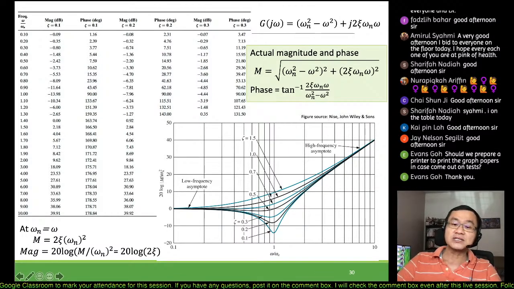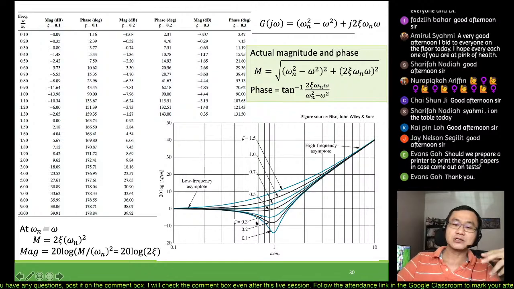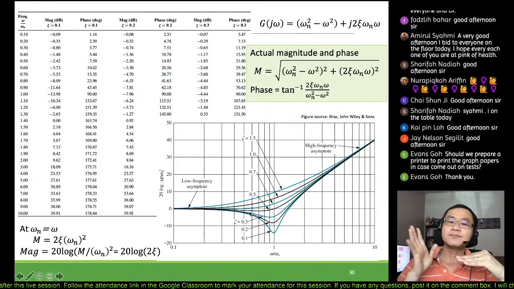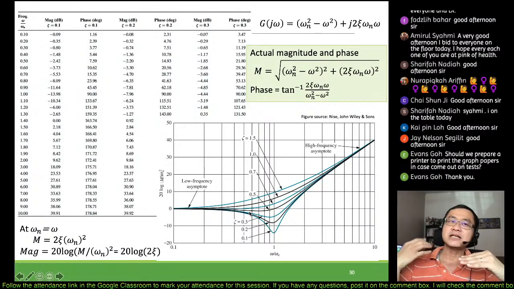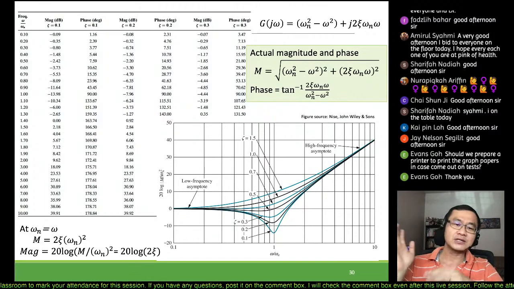So this is the actual line. Sometimes it goes downwards when the damping ratio is lower than 0.5, then it starts to curve down from your asymptotes. But remember, our purpose is just to approximate. We let the computer simulate the actual one.